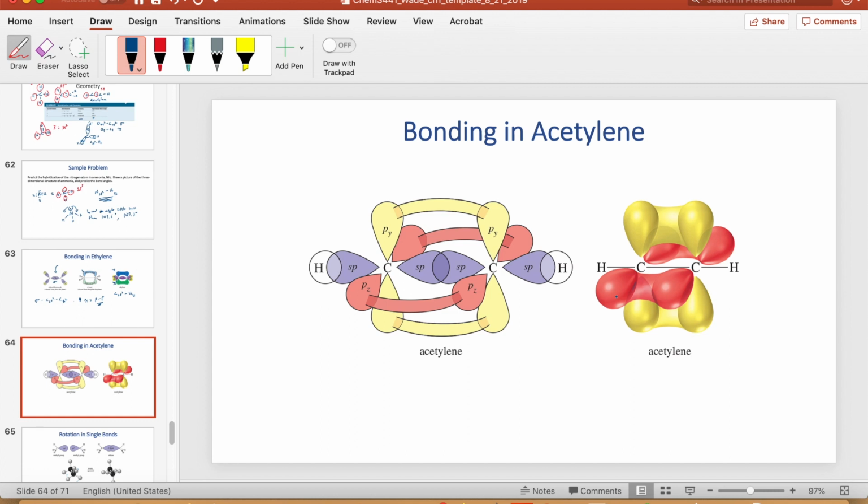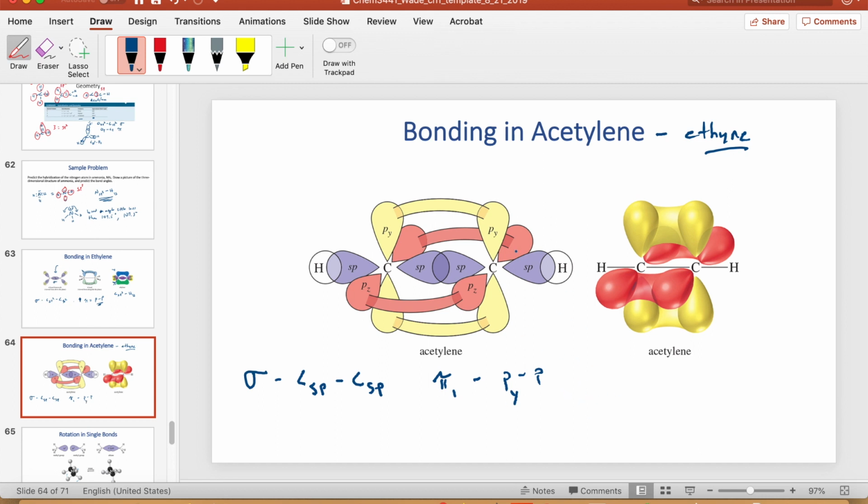Bonding in acetylene, also named ethyne. Remember that in this case we have two pi bonds, and we get this because we have a py and a px. So we still have our sigma bond, which is carbon sp overlapping with carbon sp, and then one pi bond, which I'll call pi 1, is the result of one p overlapping with the other p orbital, and this one would be a y, up and down.